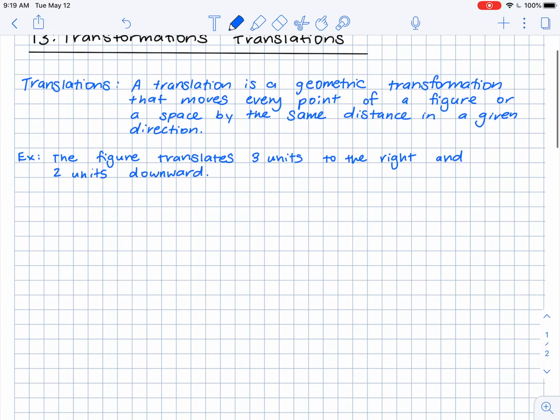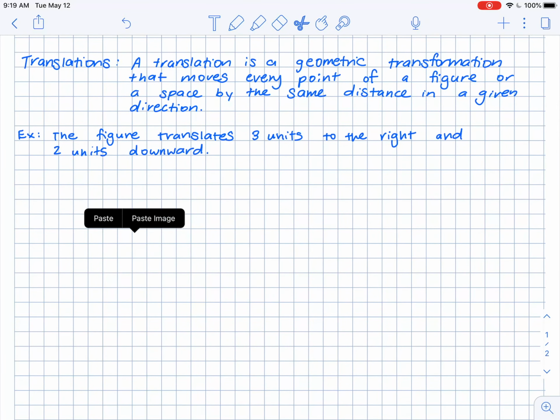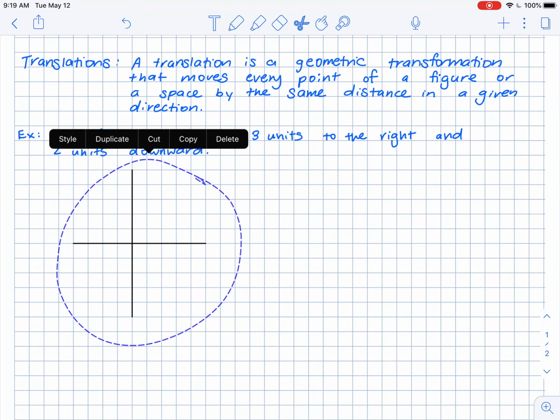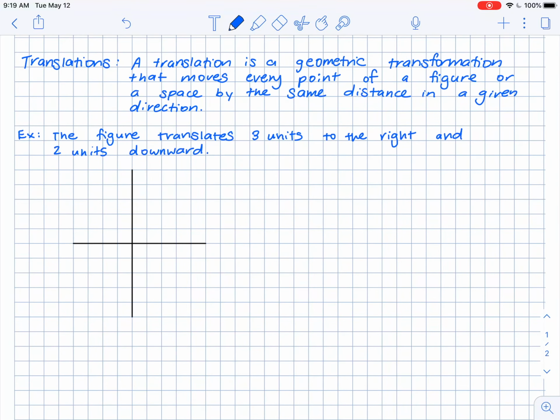Okay, so we have a graph here. Let's use a triangle. And we're going to call these points A, B, and C.